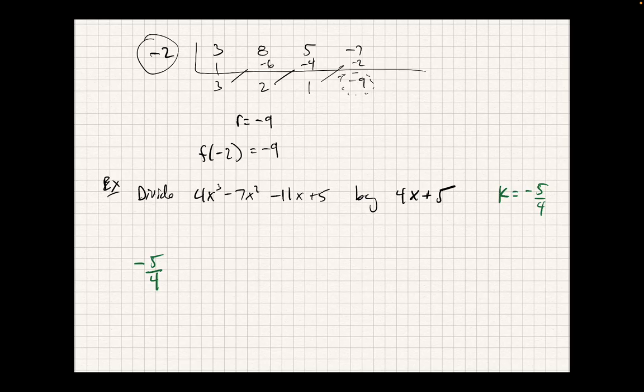Negative 20 over 4 is 5. Negative 5 minus 7. 12. 12 times 5. 60. Can't think. Oh wait, no, that's just 4. Oh, this is easy.